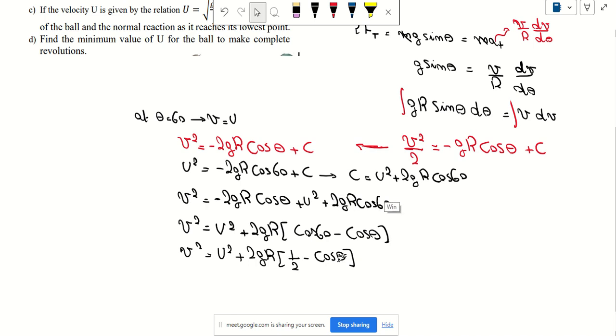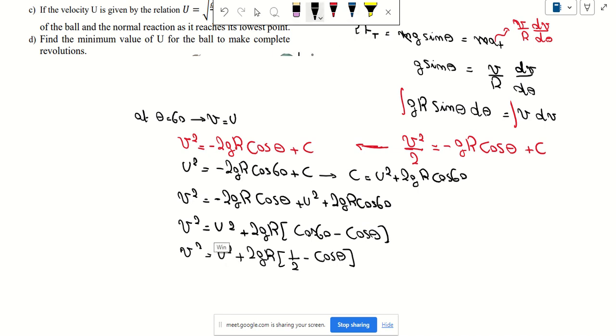So c is equal to u squared plus 2gr cosine 60. Back again, I'm substituting c in the main equation, the original one. So v squared is equal to negative 2gr cosine theta plus c, which is plus u squared plus 2gr cosine 60.